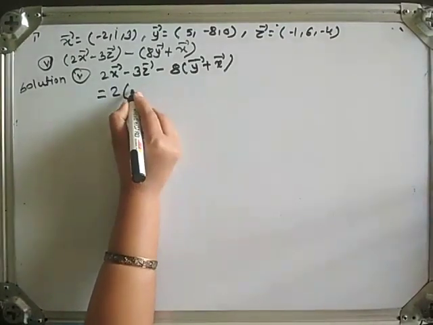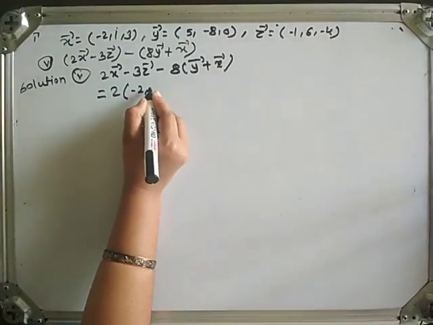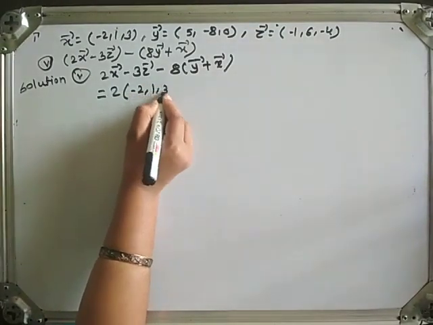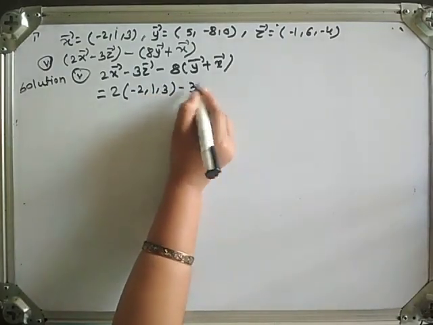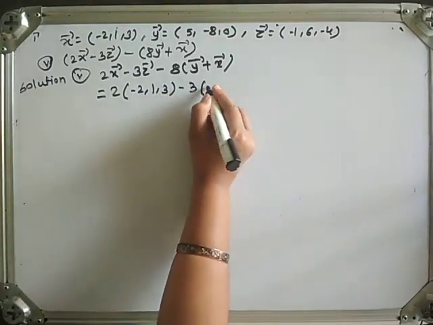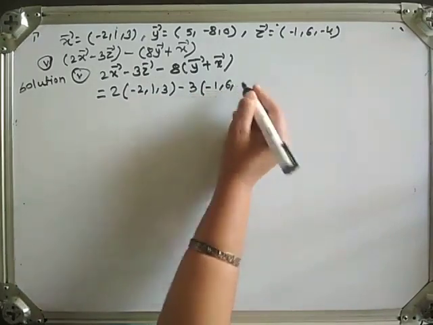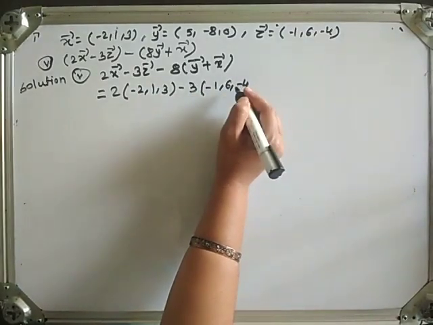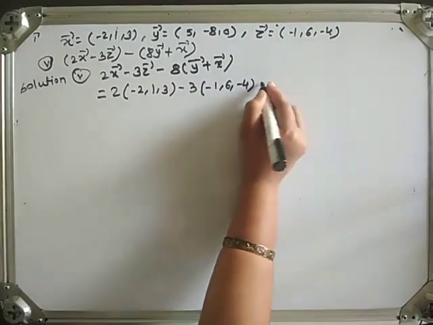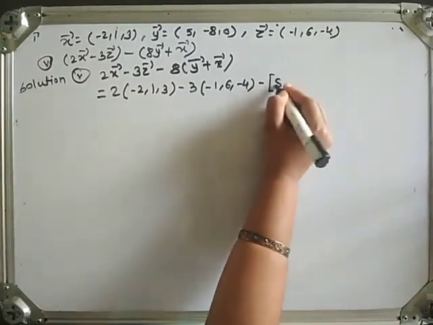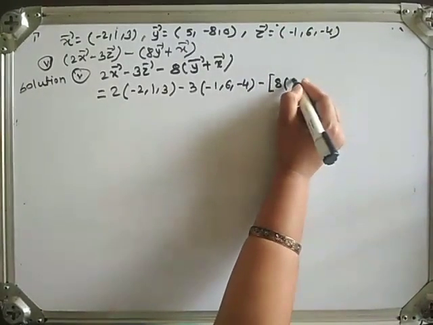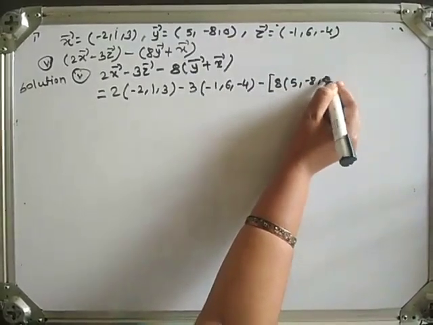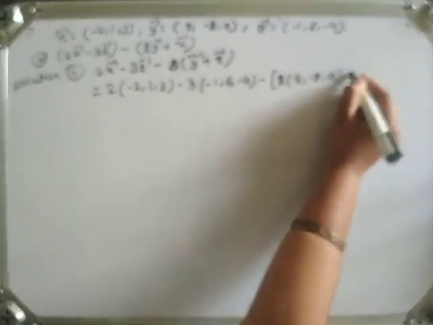X bar is nothing but minus 2, 1, 3, minus 3 into z bar. Z bar is minus 1, 6, minus 4, minus 8 into y bar. Y bar is 5, minus 8, 0, plus x bar is minus 2, 1, 3.